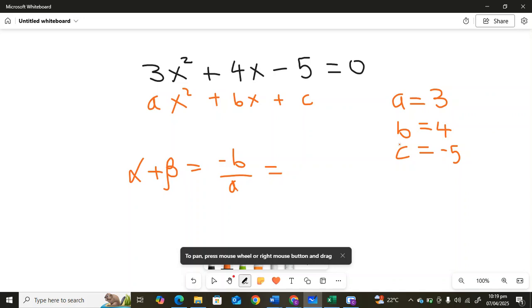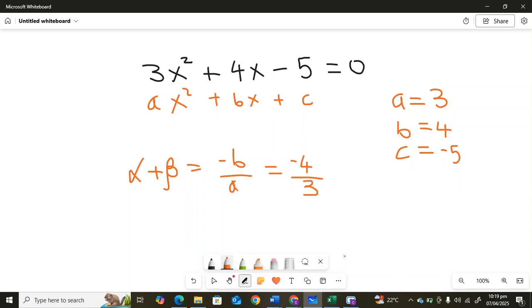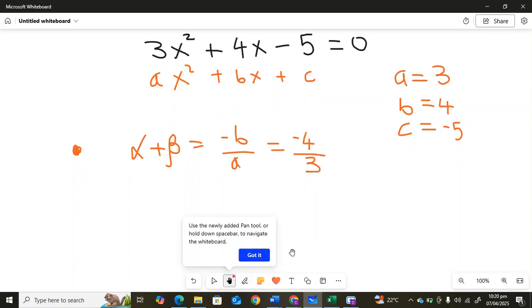Our b is 4, so we say negative 4 over our a, which is 3. So negative 4 over 3. Any questions, colleagues? Questions before we get the product of the roots?